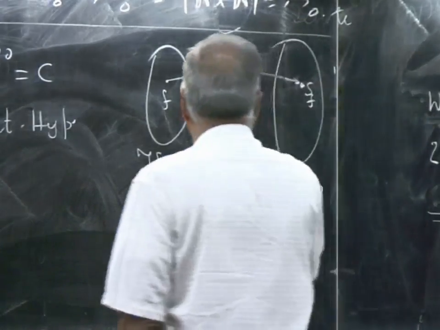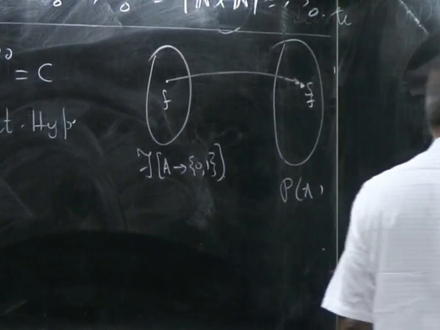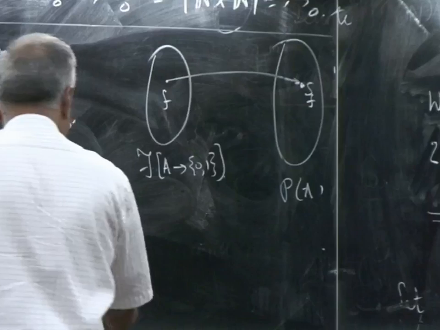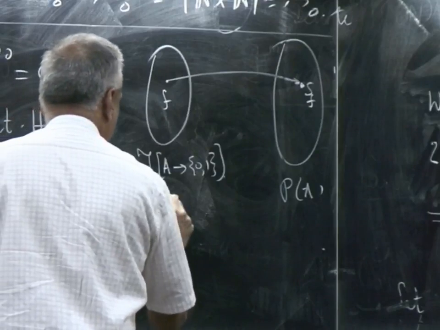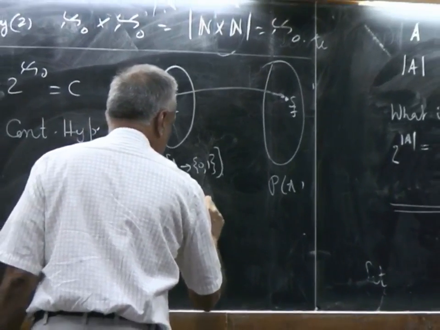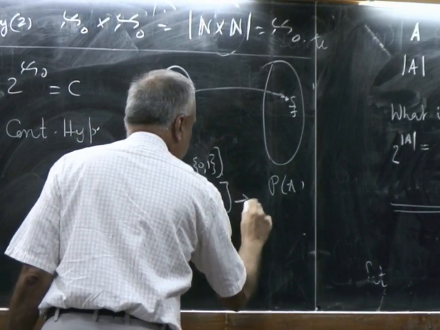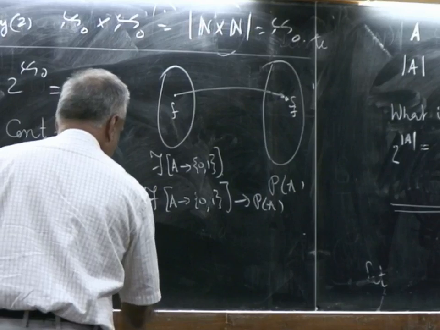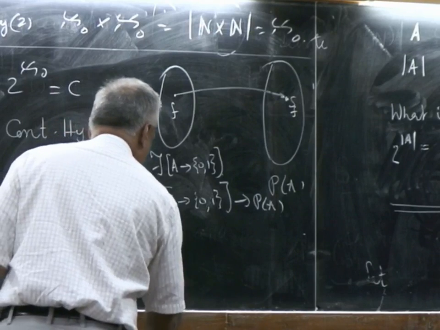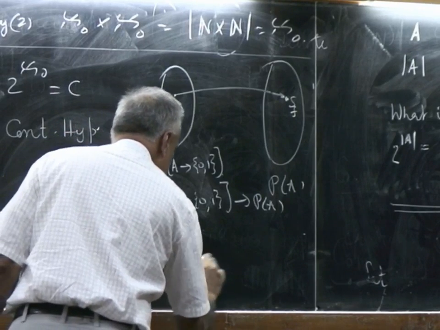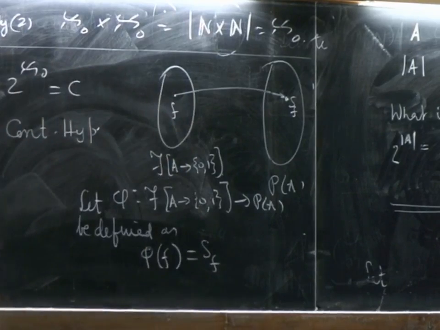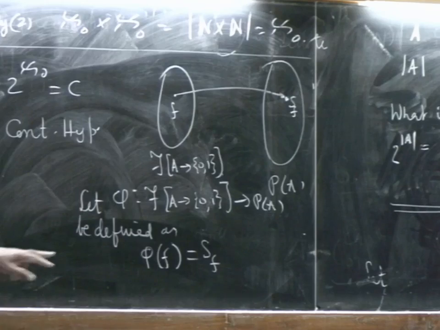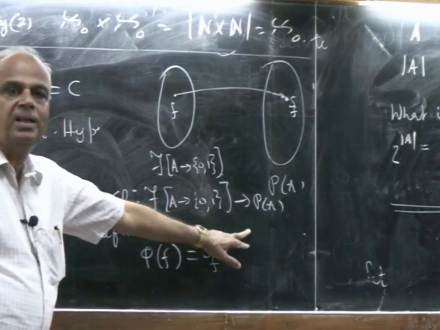Call that mapping phi. Let phi, a mapping from F(A, {0,1}) to P(A), be defined as phi of F is the support of F. Phi takes a function to a set in A.